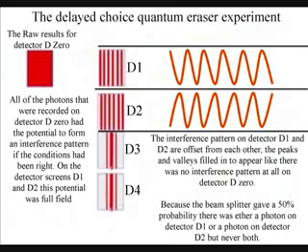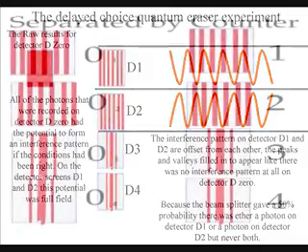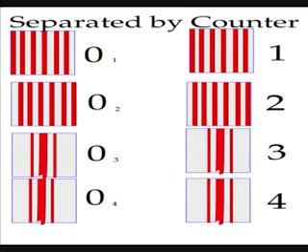This makes sense because the two interference patterns at detector D1 and D2 are offset compared with each other. When one interference pattern peaks, the other valleys or troughs. Only when we divide the information into 4 groups will it become possible to see the interference patterns in 2 groups and only diffraction patterns in the other 2 groups.